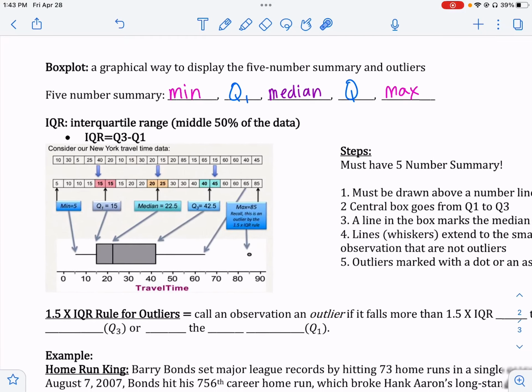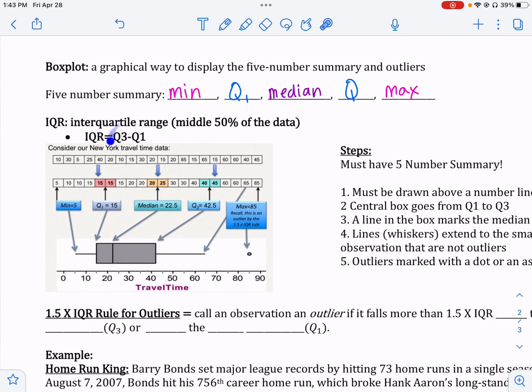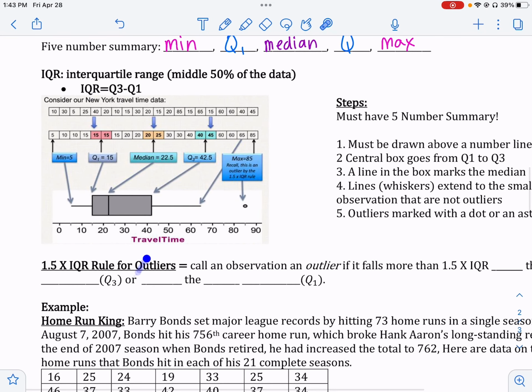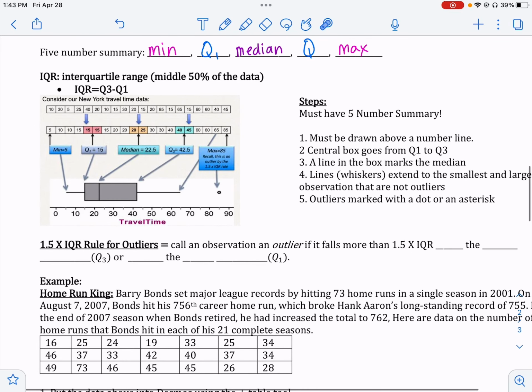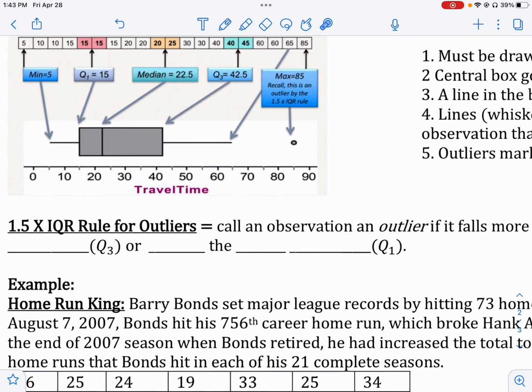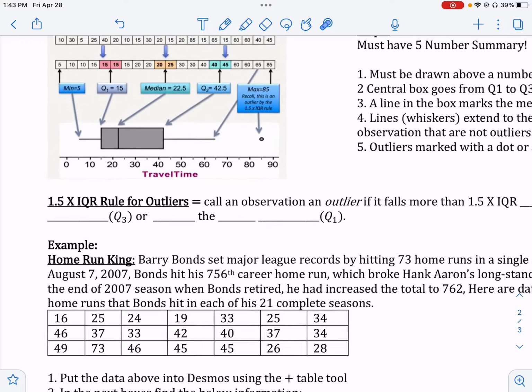Now, one of the reasons we need to know the interquartile range is because it helps us determine if we have any outliers. If you're using the boxplot, it is called the 1.5 IQR rule for outliers. And if you think about it, it's going to be 1.5 times our IQR. That's how we're going to determine our outliers.